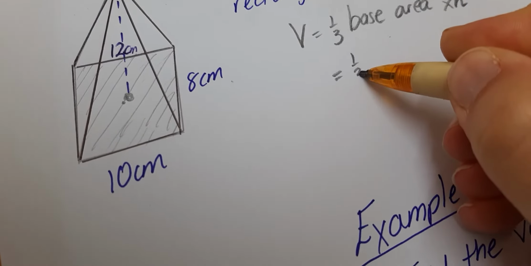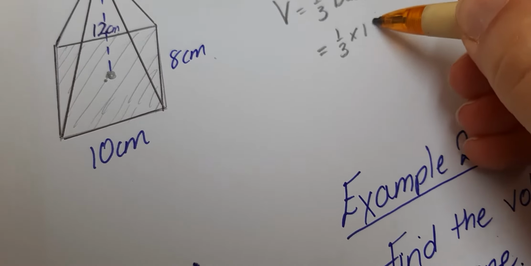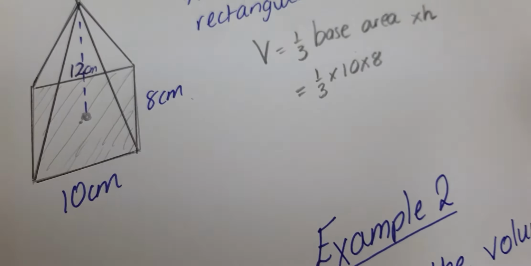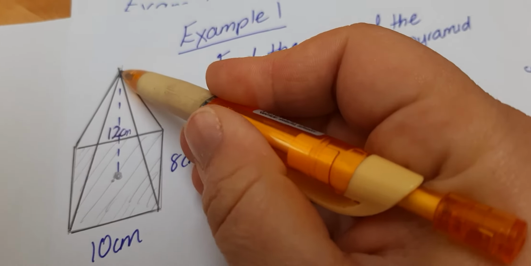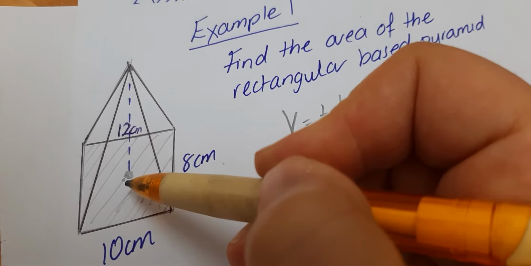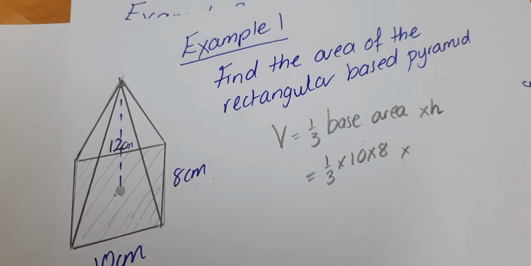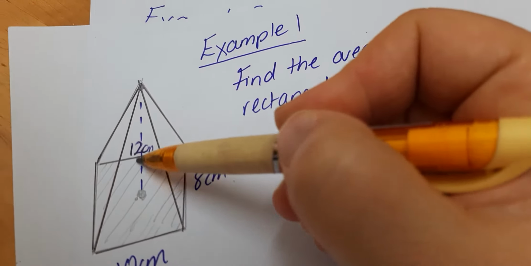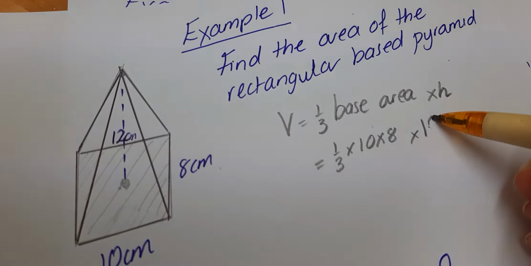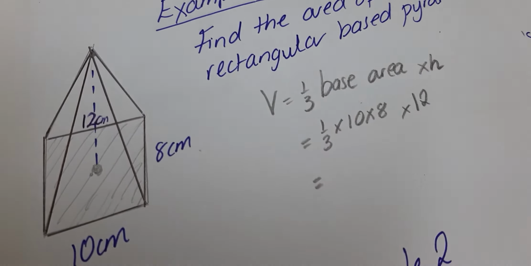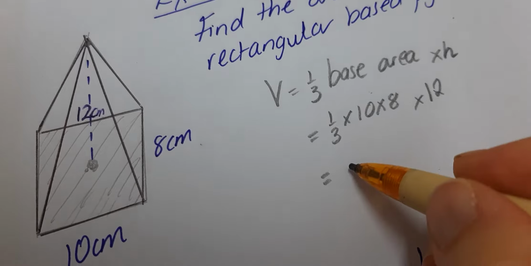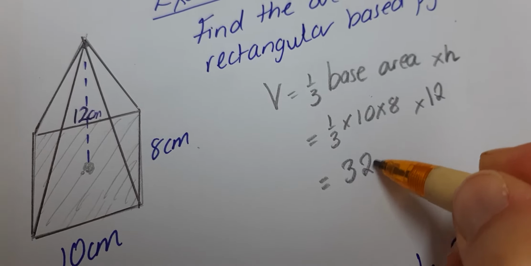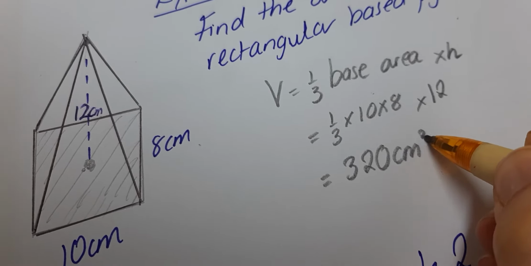So 1/3 times the base area, which is 10 times 8, or 80, times the vertical height. So coming from this vertex up here, exactly landing right in the middle here, we have a height of 12 centimeters. We multiply that all together, or do it on your calculator if you like. You should come to 320 centimeters cubed.